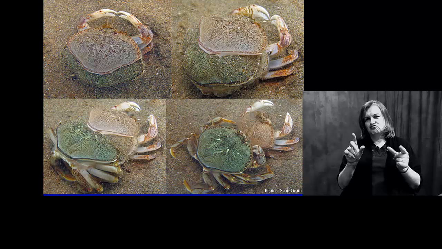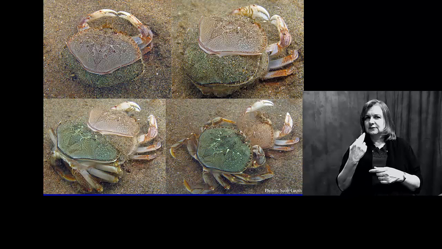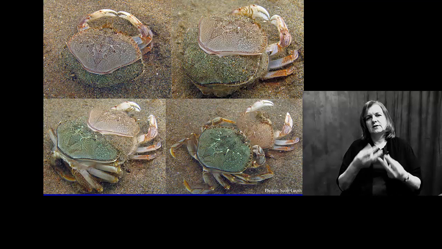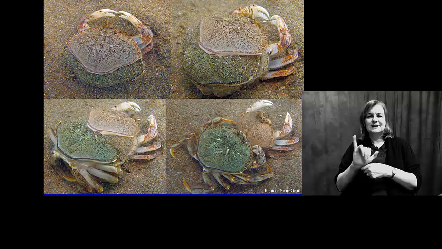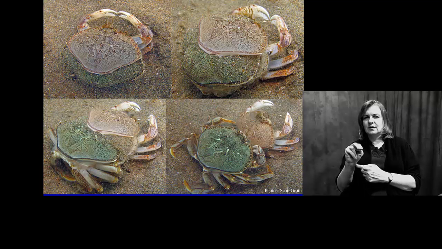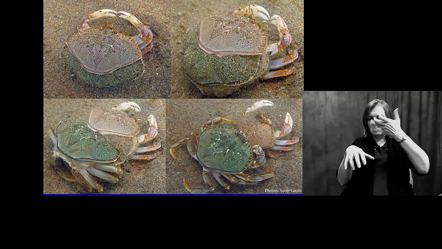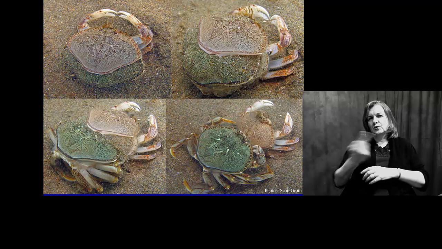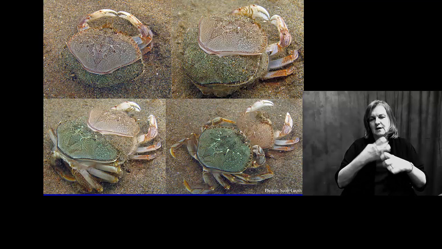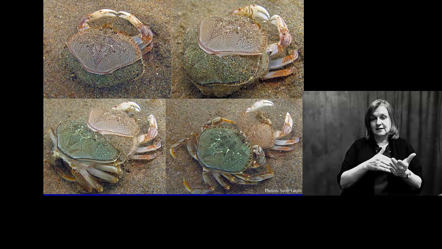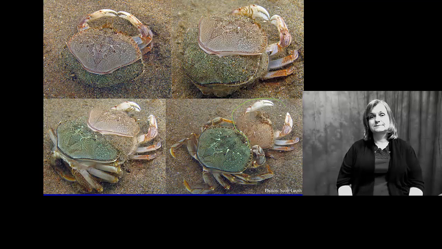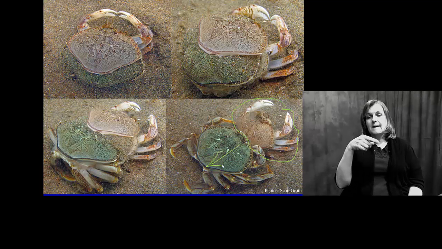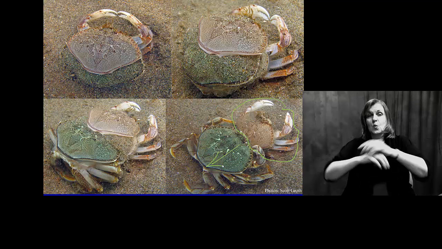What about here? So this is an adorable little crab. When we look at him, he's shedding his exoskeleton. In order to grow, these organisms have to shed that exoskeleton. It's very hard. So which is which? Which is the exoskeleton and which is the actual animal? Well, if we go down to our bottom picture here, this is the exoskeleton, and the crab is actually backing out of its exoskeleton.